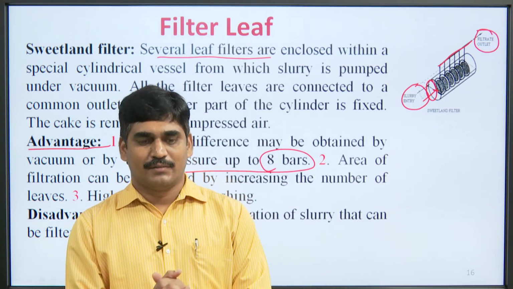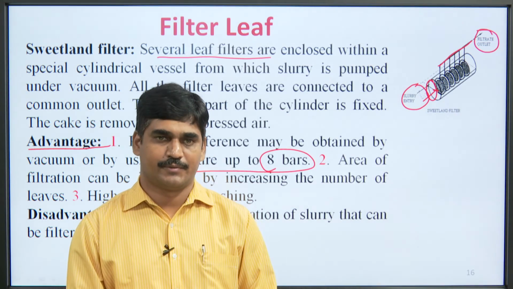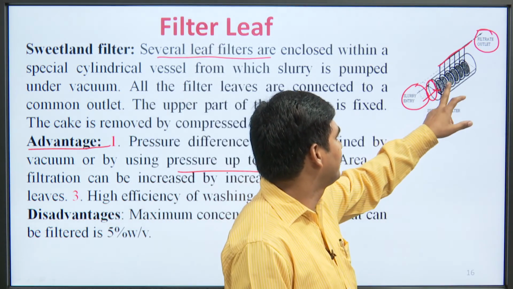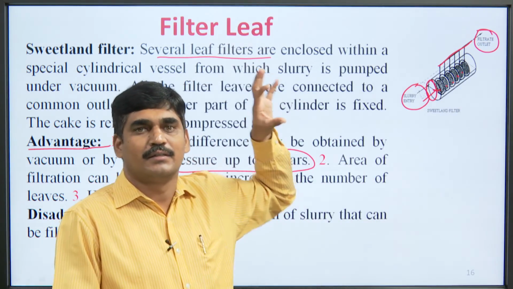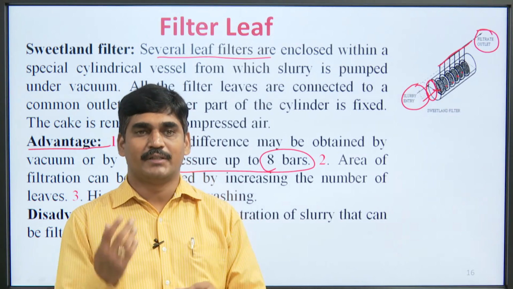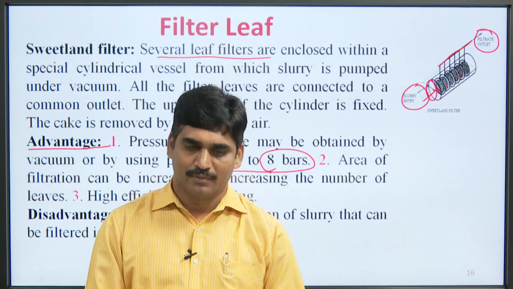The area of filtration can be increased by increasing the number of leaves. That means if we increase the number of filter leaves, the area of filtration increases, which leads to an increase in the rate of filtration.